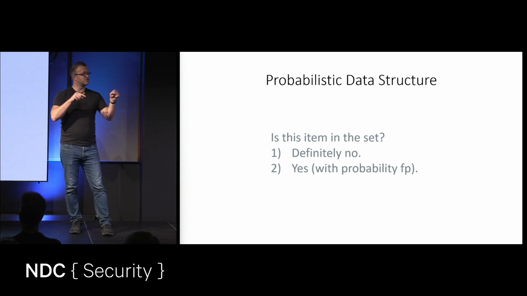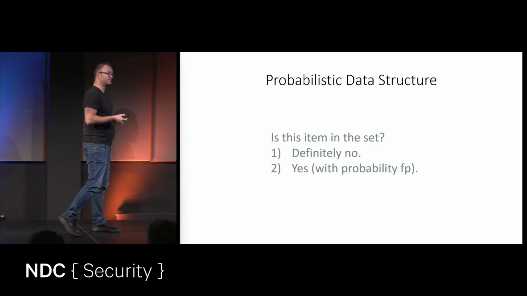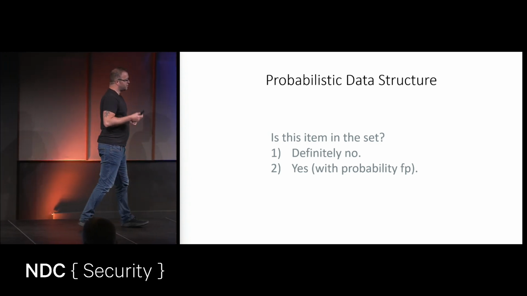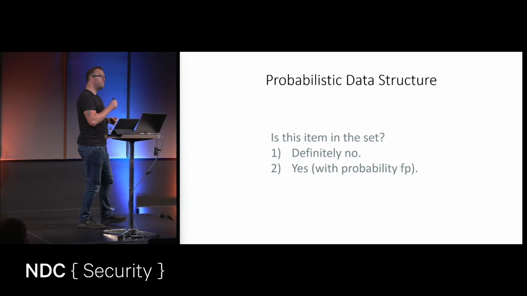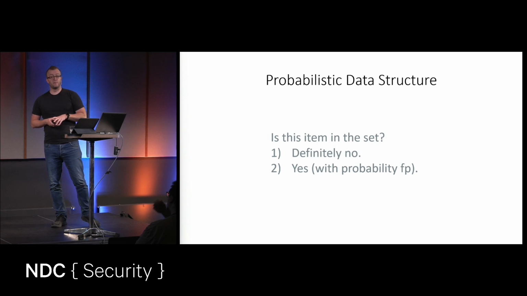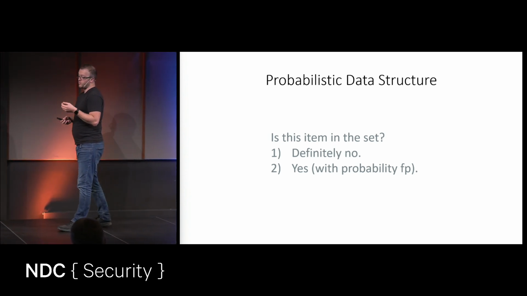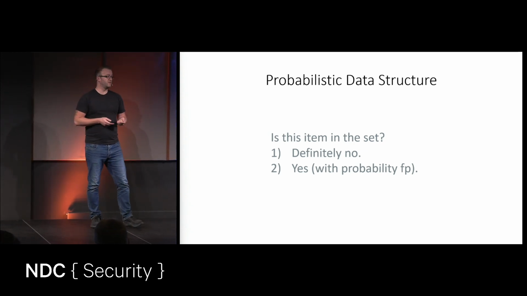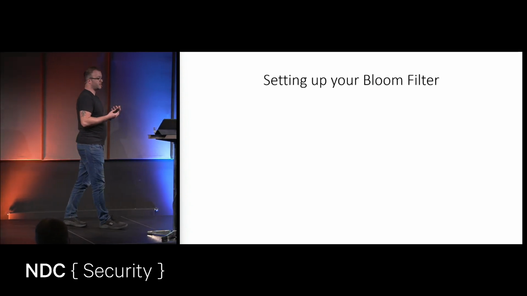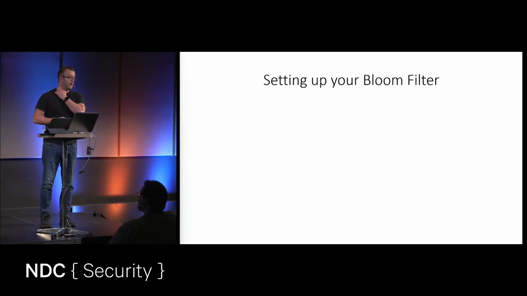Because collisions can set the necessary bits to make it look like an item is present, even though the item was not present. So the answer can only be definitely no, or maybe yes. But we can control the probability of false positive. This is one of the things that we can control with the construction of the filter itself. So if we take a look at setting up the filter, there are a few different things that fall under our control.